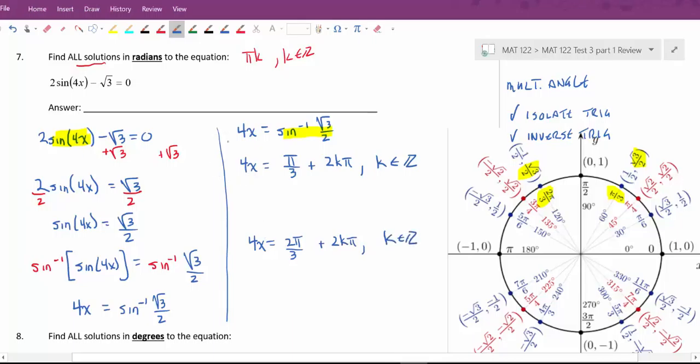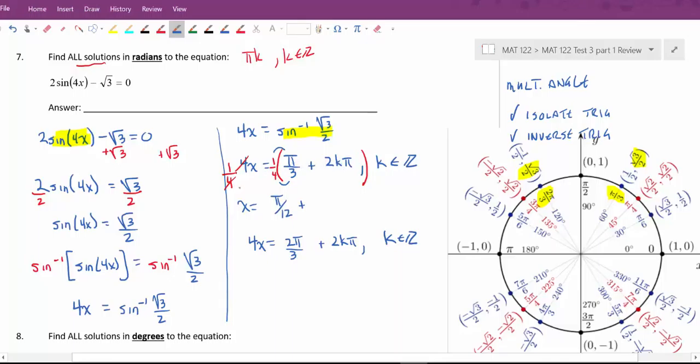And then we're going to solve this equation for x, so we can divide by 4. Instead of dividing by 4, to me it's a little better when you're doing this problem to just multiply both sides by 1/4. Because that's going to cross that out, and that's going to leave x. And when you multiply this, that's going to be pi over 12. You have a period change, so that's what's happened.